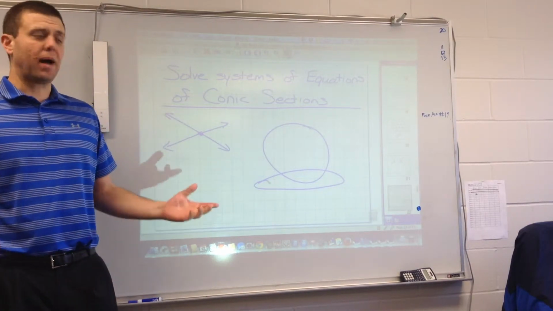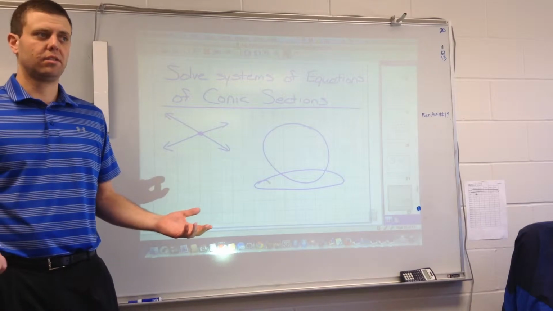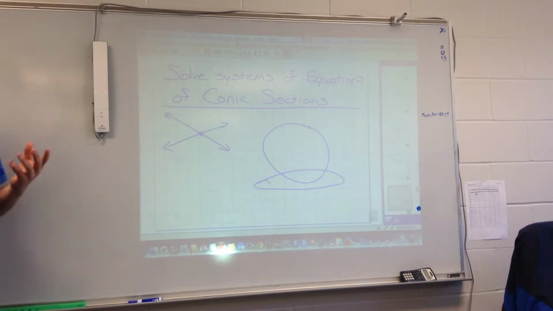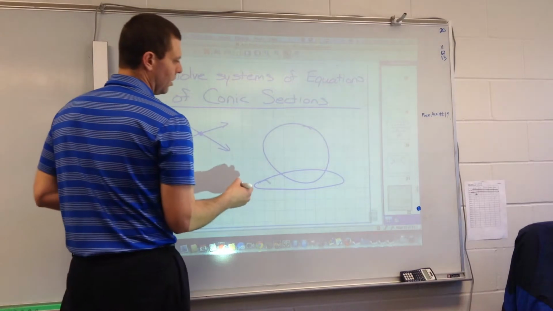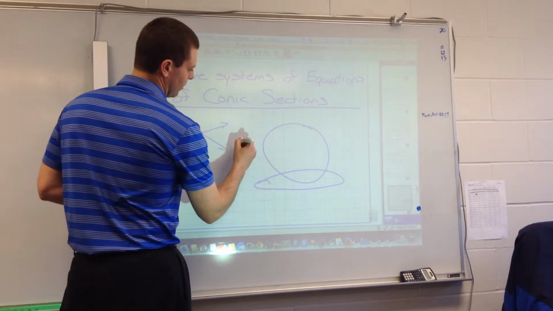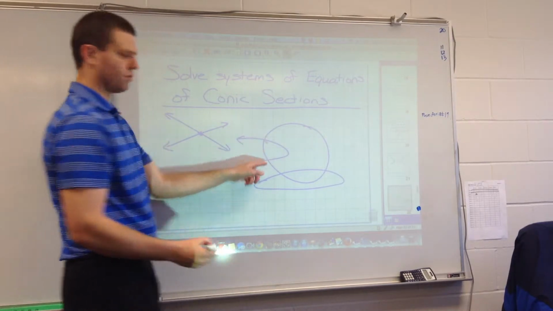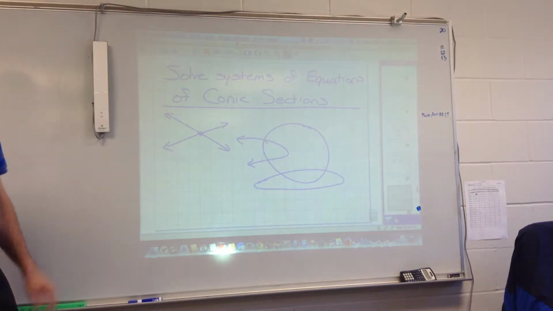And it's possible they don't intersect. More likely you're going to have an answer that has two solutions, maybe some no solutions, but a lot of them will be two. Because even with a sideways parabola, 2 points of intersection. I'm just trying to show you visually what we'll be doing.